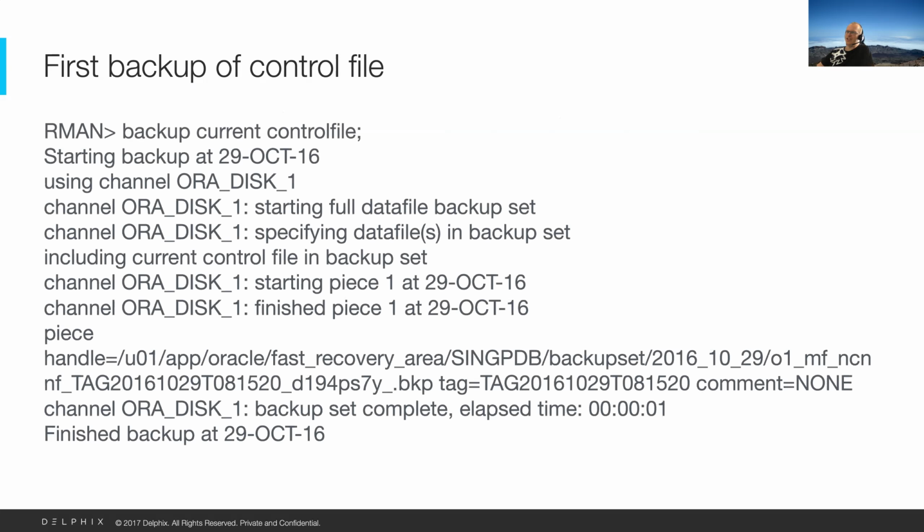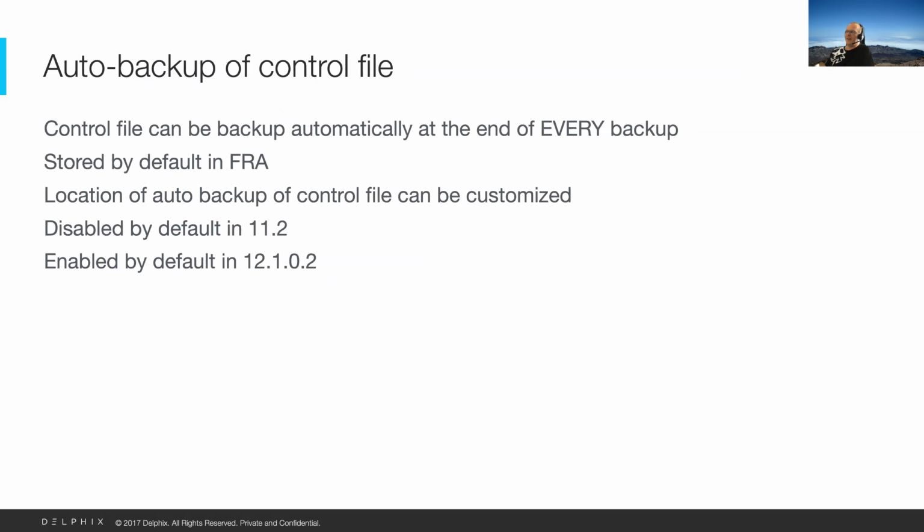Because RMAN is using the control file as metadata for all your information, typically, if you have a pretty new database, I mean pretty new, anything higher than 12, by default, auto backup of the control file will be enabled, which means that after you run any type of backup, you can back up the database, you can back up archive logs, or you can back up the control file. After each of these operations, at the end of the operation, RMAN automatically will create a control file backup.